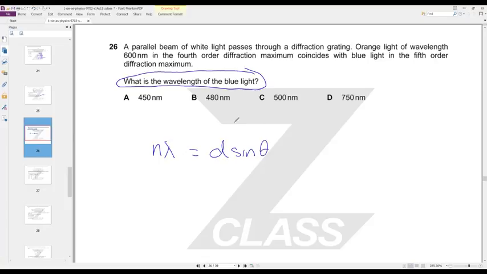This is actually the equation for double slits rather than a diffraction grating, but the point remains the same. We are looking for n lambda. So ultimately what we are looking for here is 4 times 600 equals 5 times our blue light wavelength. That's a 5, not an S, by the way, but you get the idea. So 2400 divided by 5, 480 nanometers.